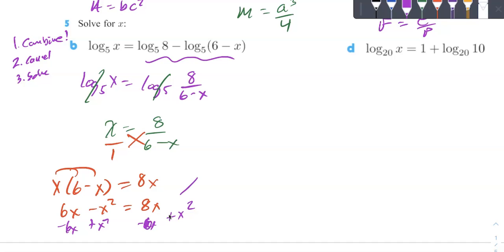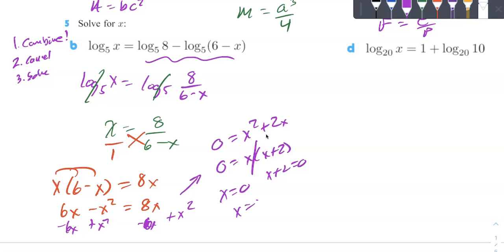And I get 0 equals x squared plus 2x. Right, so 8 minus 6 is 2, and then x squared is on this side. Now I'm going to factor out, they both have an x, so I'm just going to factor out an x. And then we're going to split and solve. x equals 0, x plus 2 equals 0, so x equals 0 and negative 2.